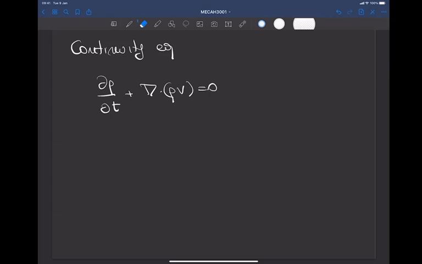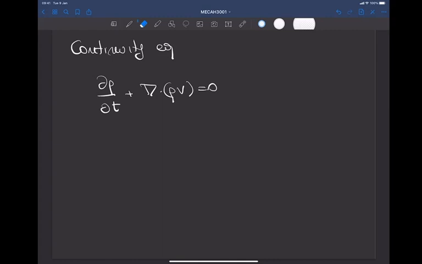So you see the power of this approach, which can be used to make a link between the system and control volume approach, but in particular can be used to find this conservation principle. And in fact, we will use this approach also for the derivation of the Navier-Stokes equations.